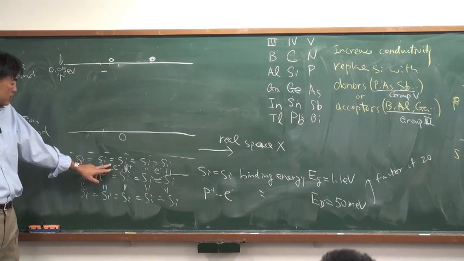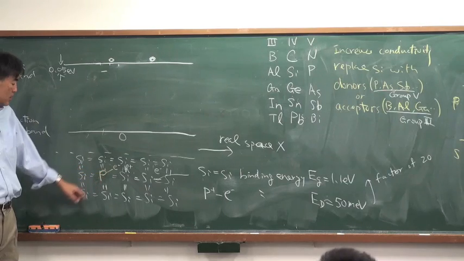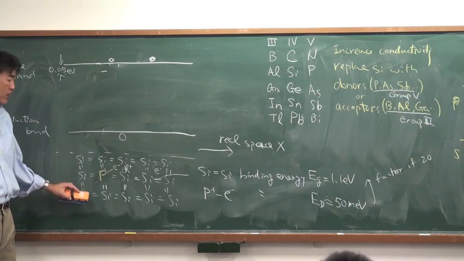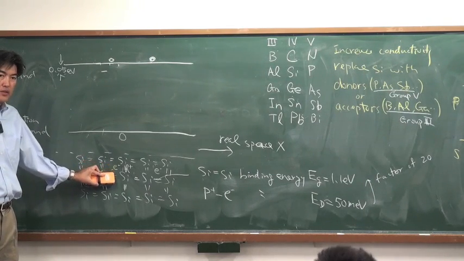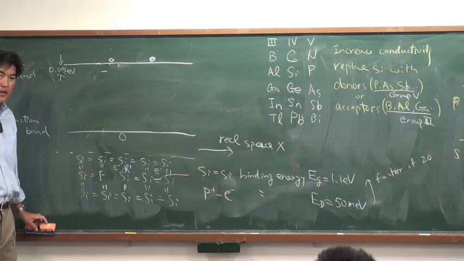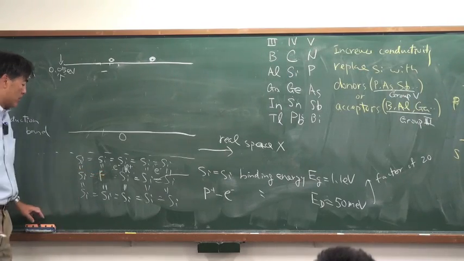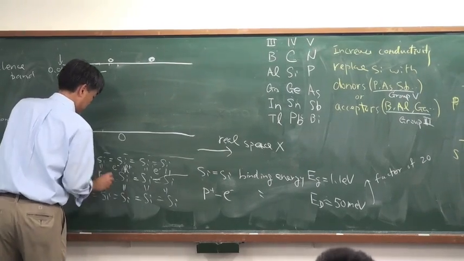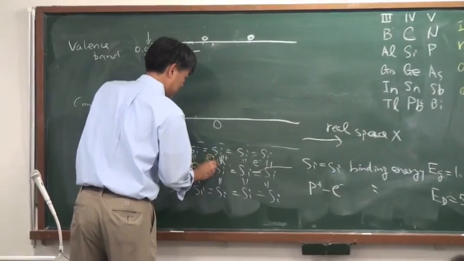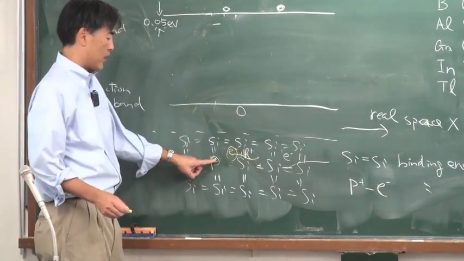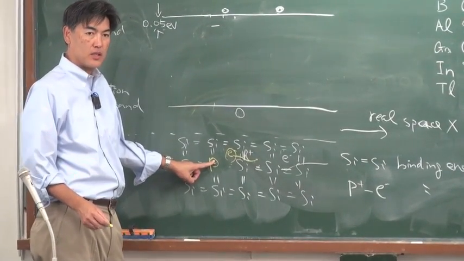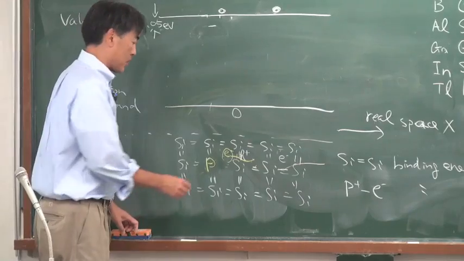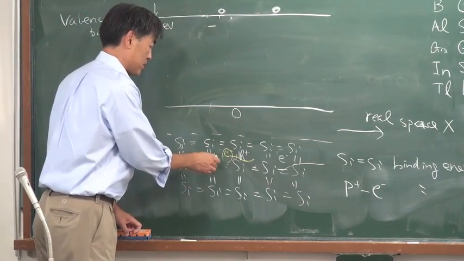So now this electron is excited, which means the thermal energy provides enough energy to cut the electron here, so that this electron can move around freely, while phosphorus is left alone, positively charged.